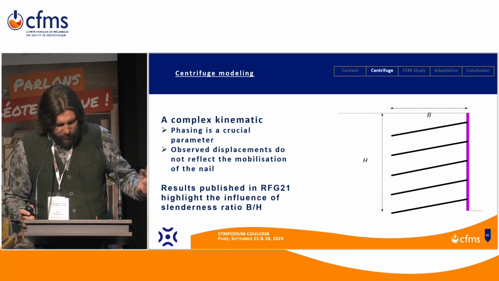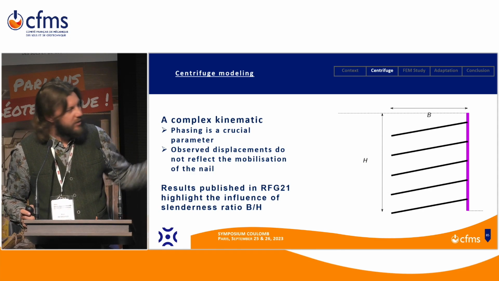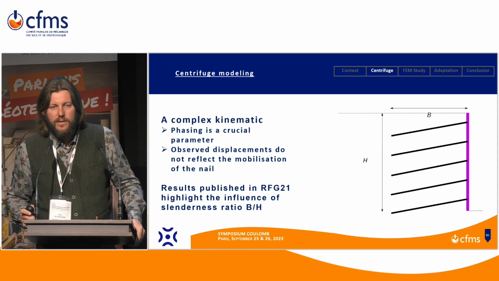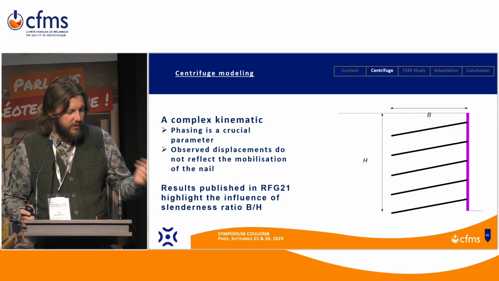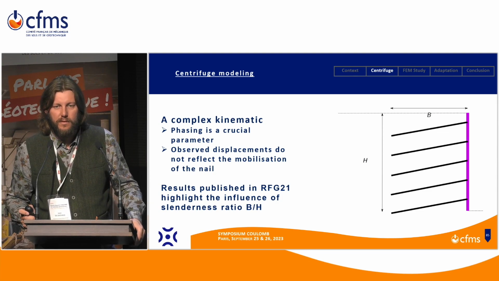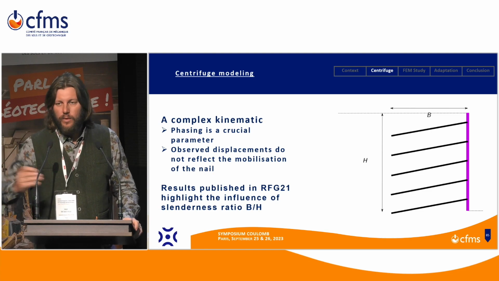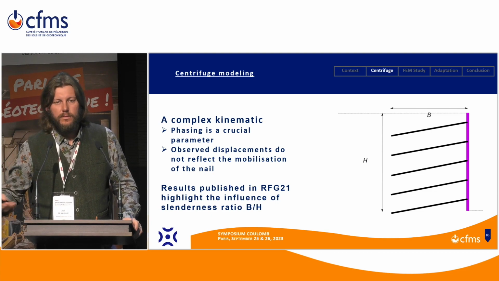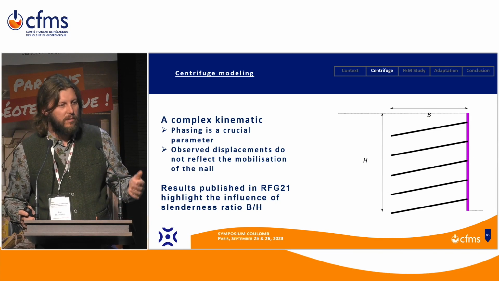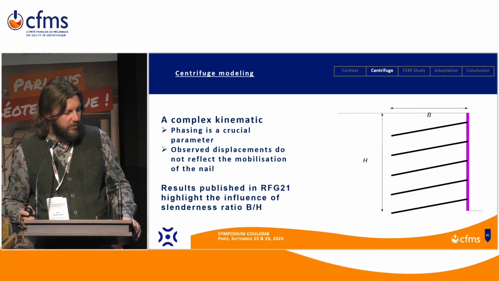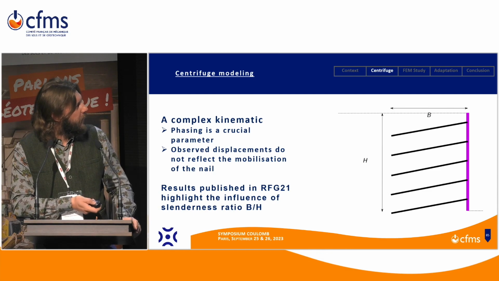I did not talk about it in the presentation, but in a previous article in Revue Française de Géotechnique, we also showed that we have a high influence of the slenderness ratio of the wall. Even when you are stable, the settlement of the wall is highly dependent on the slenderness ratio of the wall.